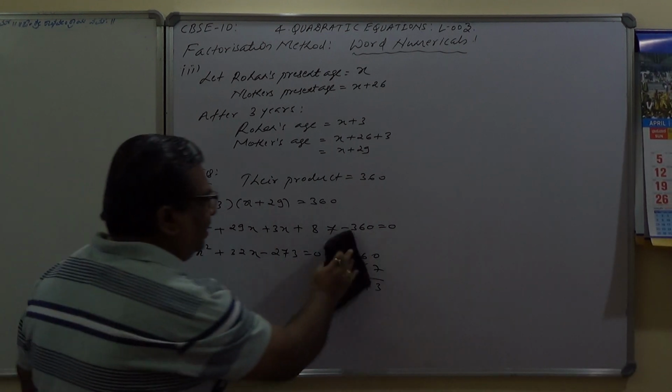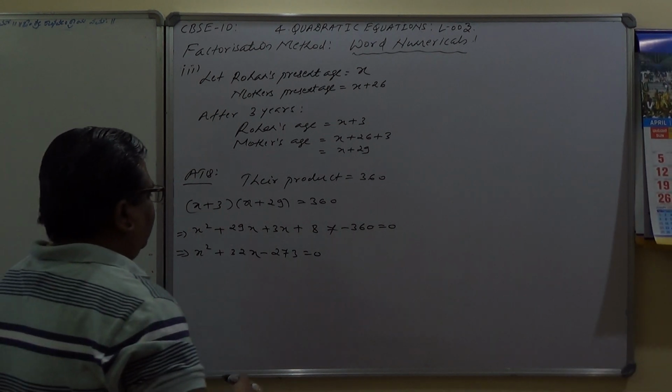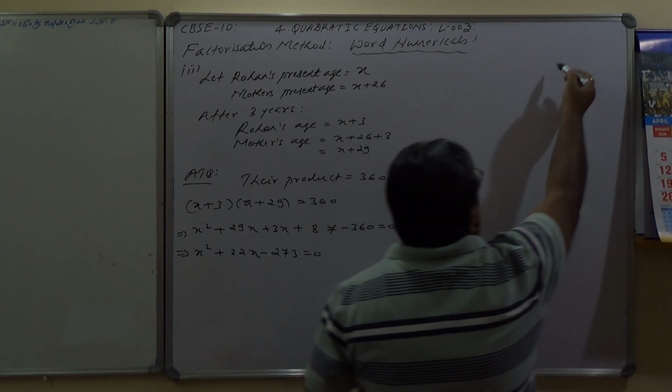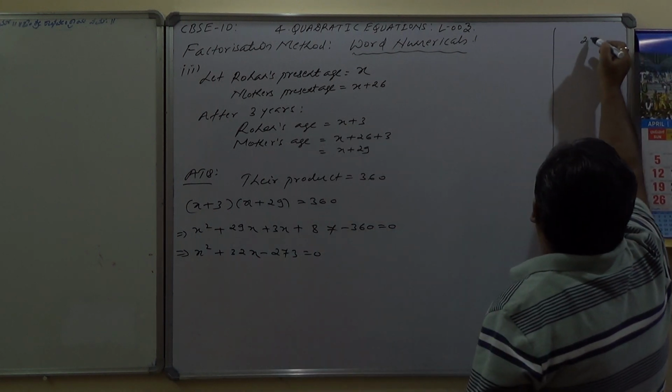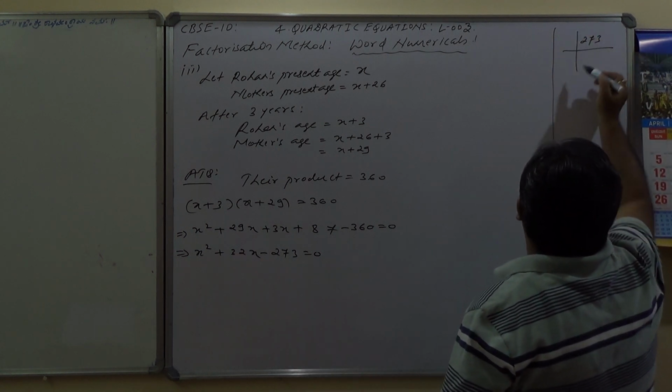Now we have to factorize this and try to find out. How do you get this? 32 I require, so let me work out roughly here. 273 is to be factorized.